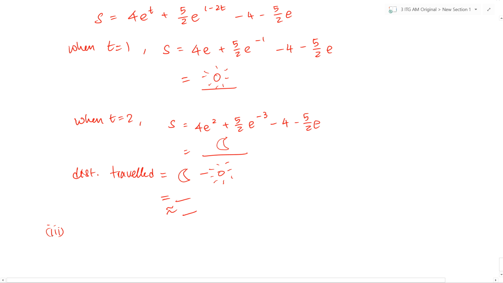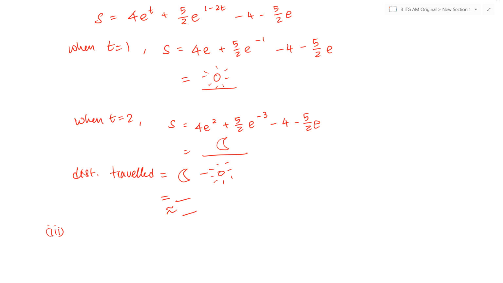Average speed for the first 3 seconds. What do we need for average speed? Total distance, not displacement, right? We need total distance again. So when you need distance, you have to be alert. We need to check whether there is any turning point between 0 and 3.